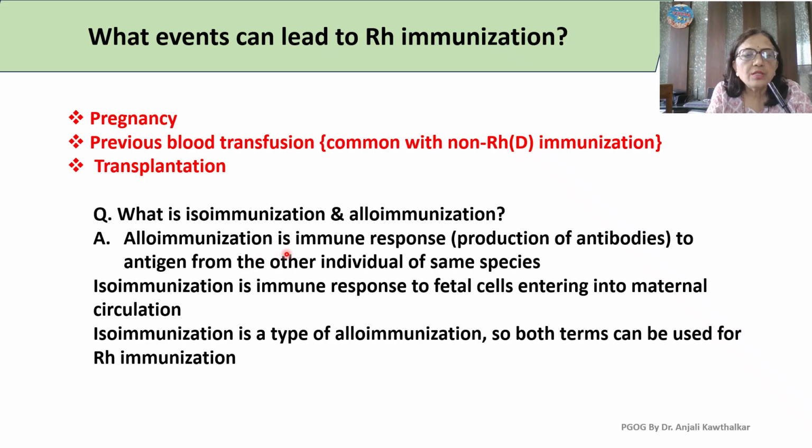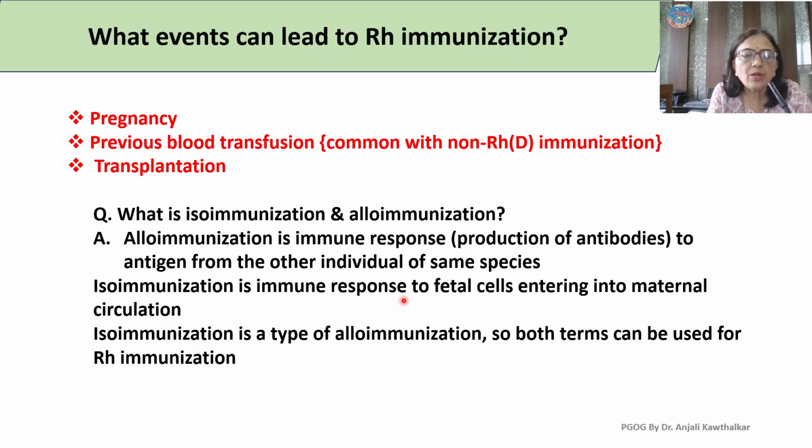So alloimmunization is an immune response, that is, production of antibodies to an antigen from another individual of the same species. What is isoimmunization? Isoimmunization is an immune response to fetal cells entering the maternal circulation. Isoimmunization is a type of alloimmunization.